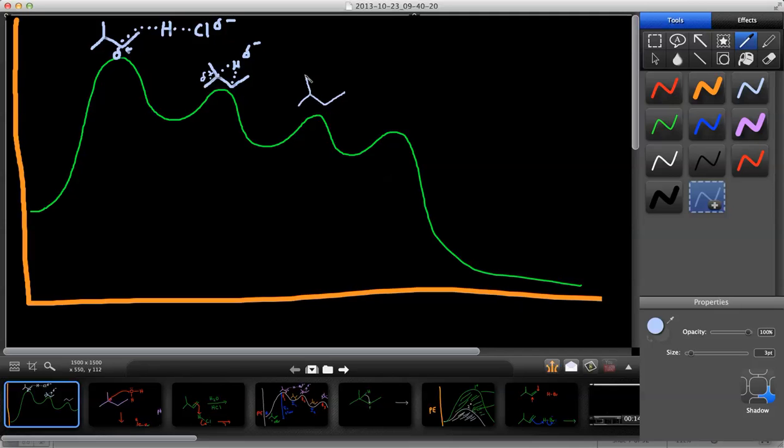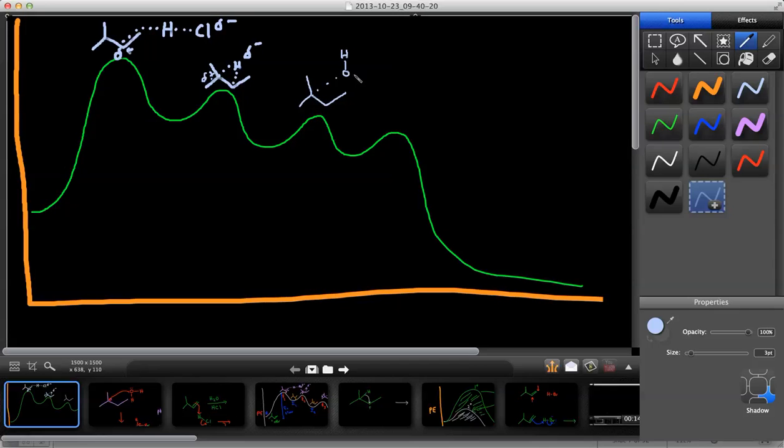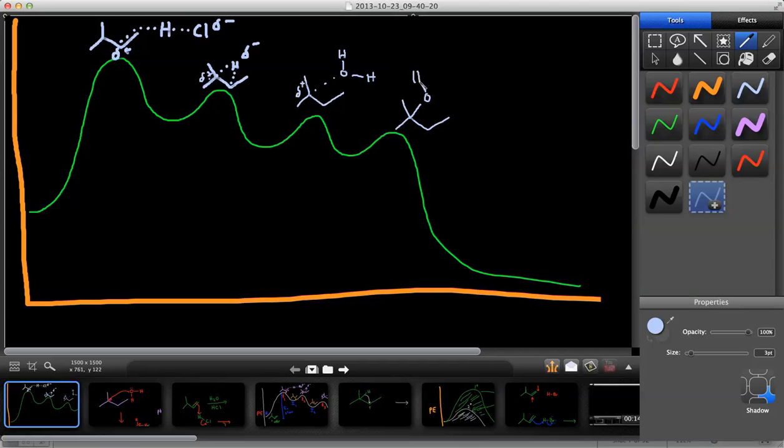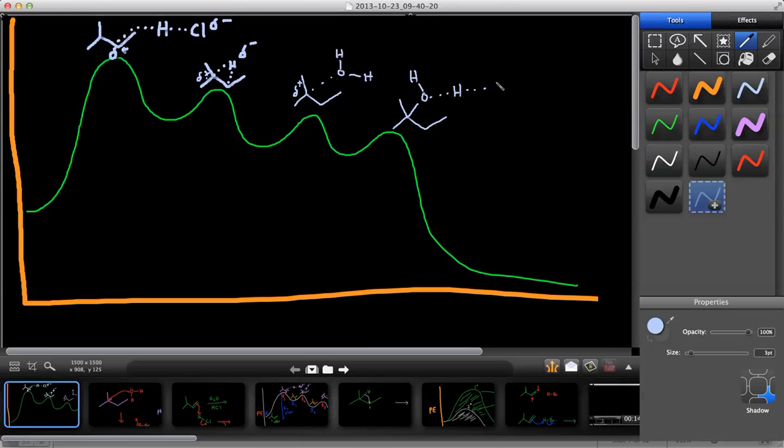Next, I will begin to show the bond being made between carbon and the oxygen atom of water. And the last transition state will show the bond breaking between oxygen and one of the hydrogens, and bond making between one of the hydrogens and the chlorine atom.